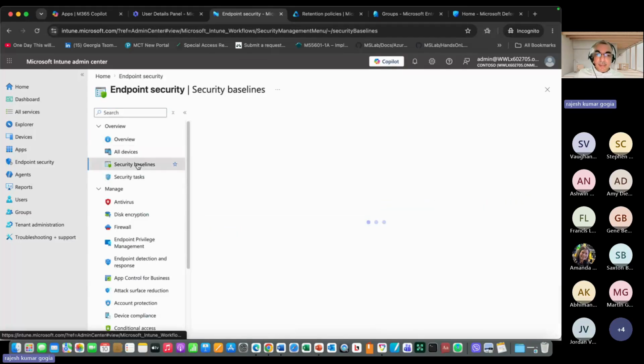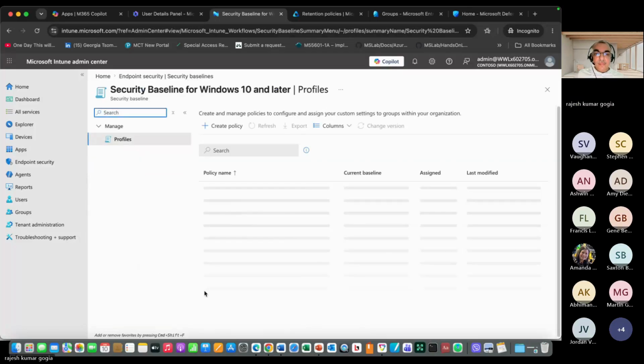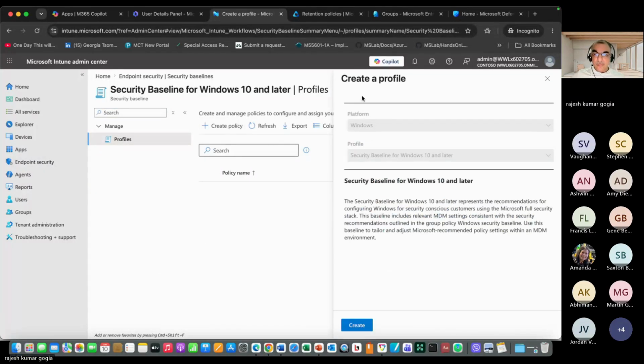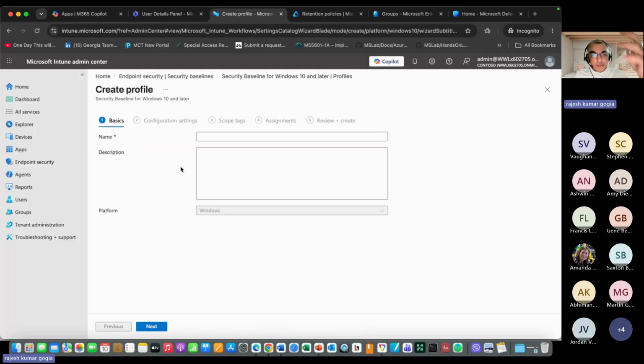So see, security baselines. If I give you an example, say a security baseline for Windows 10, it can create a policy. So this helps you to restrict with the policies.